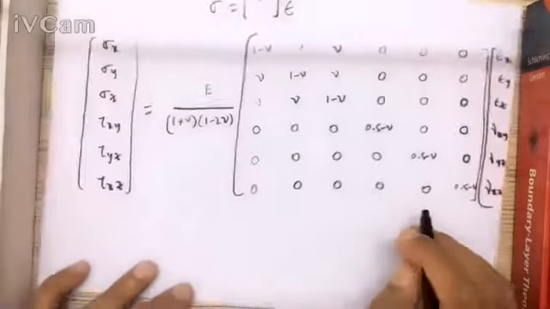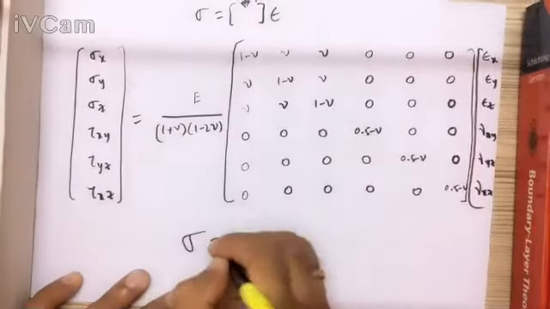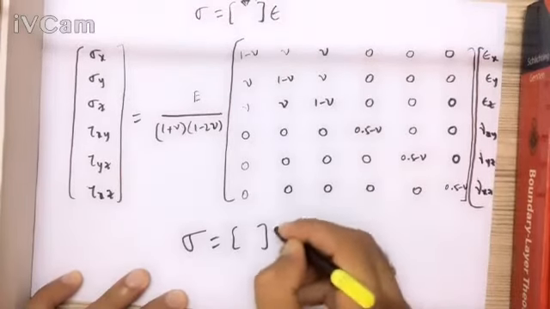So now this is in the form sigma is equal to some matrix into epsilon.